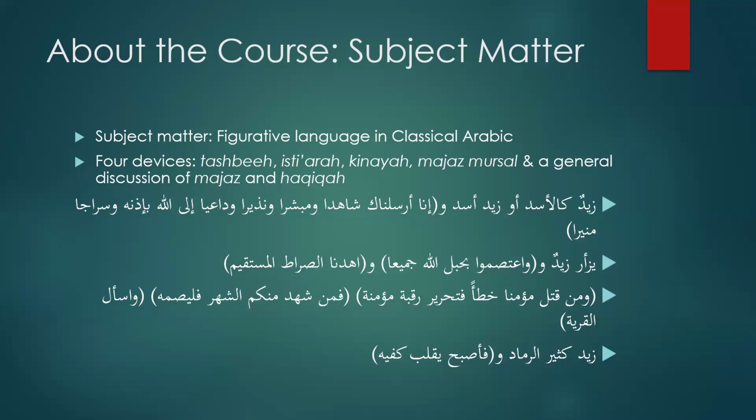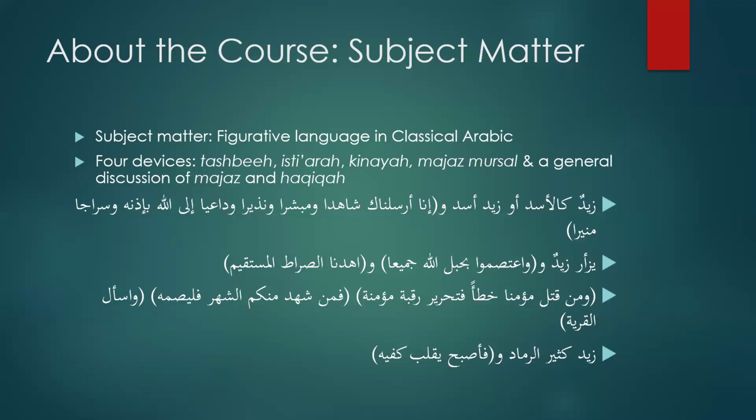Literal truth asks, is this reality? So another difference between haqiqah and literal truth is that haqiqah is about whether there is a qarina that prevents it from being understood. Is there evidence, which is usually a statement or something in its meaning, that indicates that this cannot be literally true? If there is no such qarina, then it's considered a haqiqah.